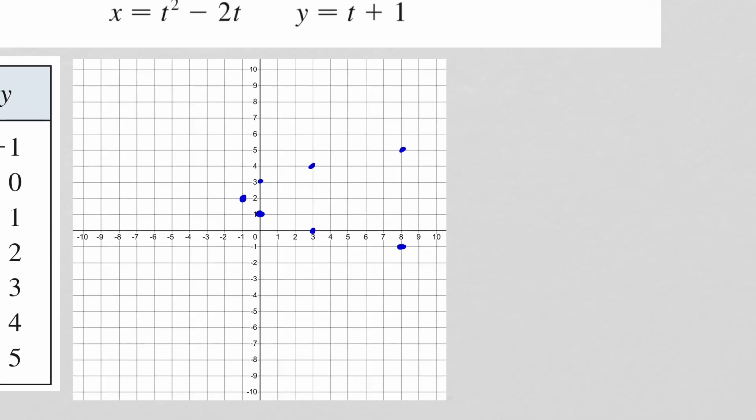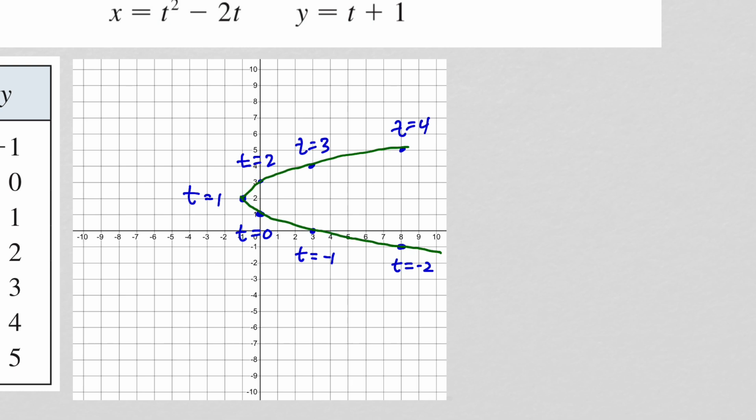So if I label these, t equals negative 2, t equals negative 1, t equals 0, t equals 1, t equals 2, 3, and 4, you can see that as t gets bigger, it appears that we are tracing out this curve.